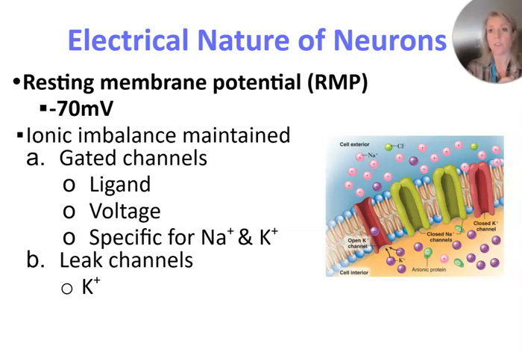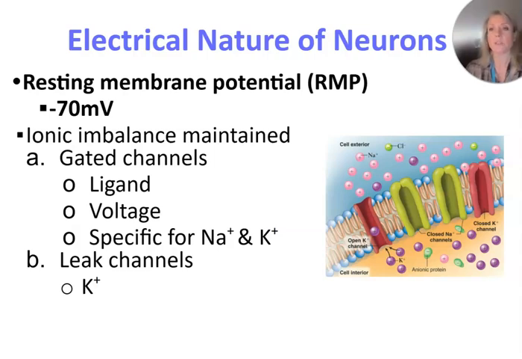And so if the membrane potential around that channel reaches a certain point, a threshold, remember that word, we're going to come back to it, then it will open up. And these gated channels are specific for potassium and specific for sodium. So a sodium channel can't let potassium in or vice versa.